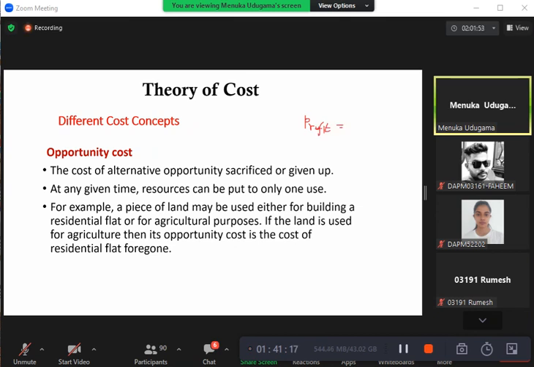Profit is the difference between revenue and cost. Right? So we looked at the production function, how you would maximize the production, and in order to maximize profit, you would maximize revenue and minimize cost. So now we're going to look at the cost aspect of this production and profit maximization.